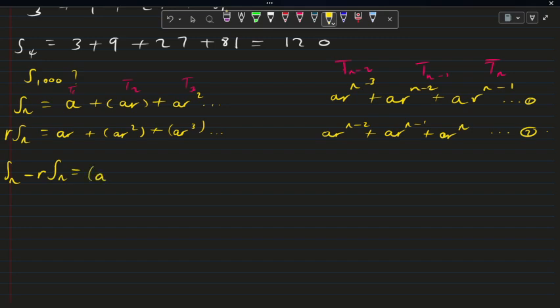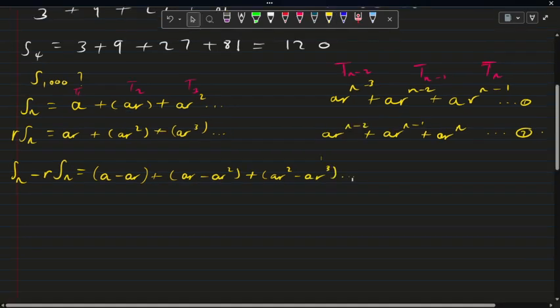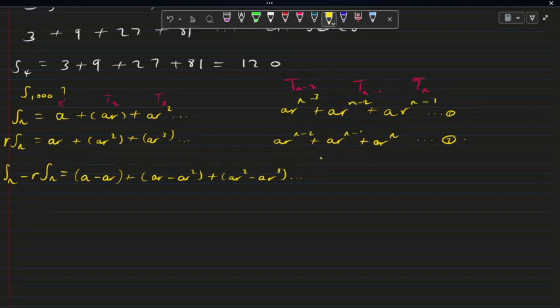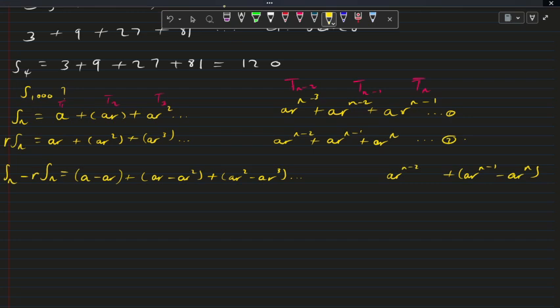We'll have a minus ar, then ar minus ar squared, then ar squared minus ar to the power of 3, and then ar to the n minus 1 minus ar to the n, then ar to the n minus 2 minus ar to the n minus 1.